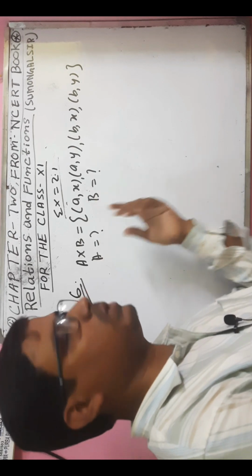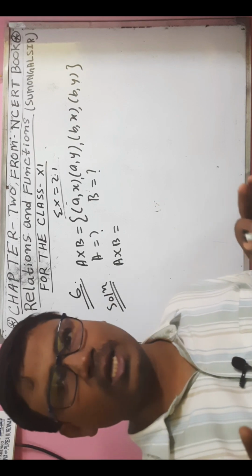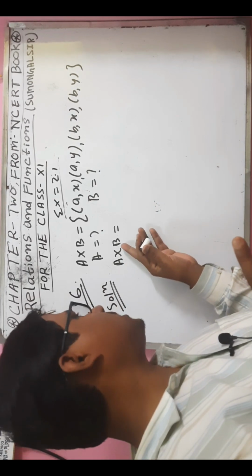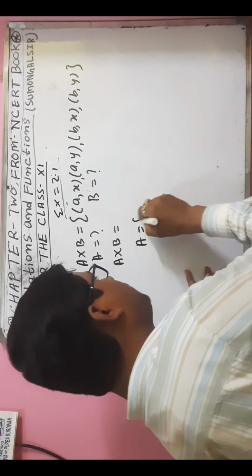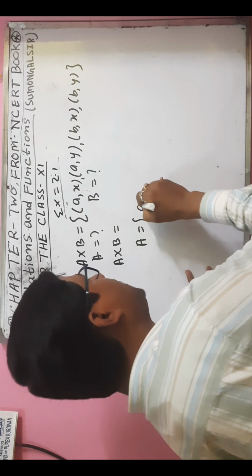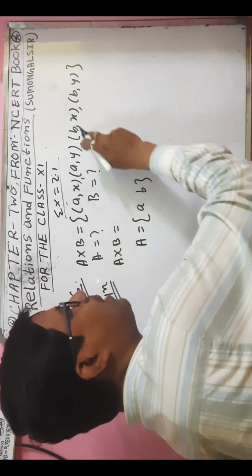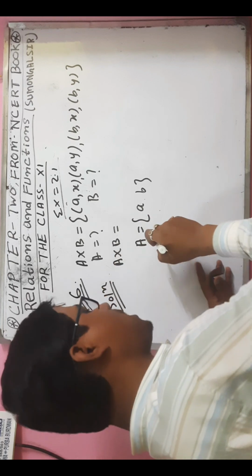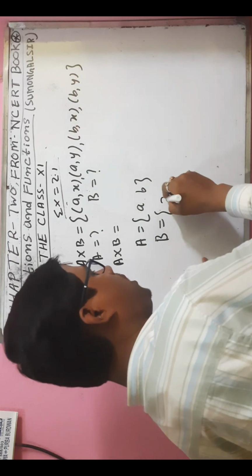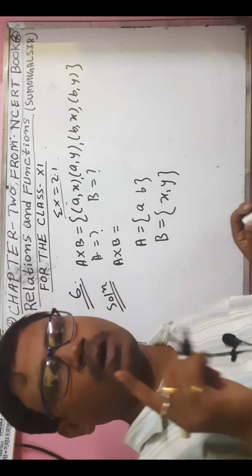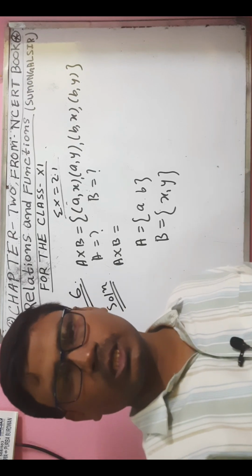Then find the sets A and B. By the definition of A cross B, the first element comes from the first set, that is A, and the second element comes from the second set, that is B. Now here the first elements, a and b, come from the set A, and the elements x and y come from the set B. So this is the completion of question number 6.